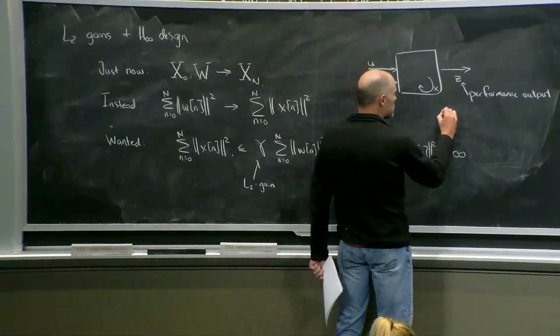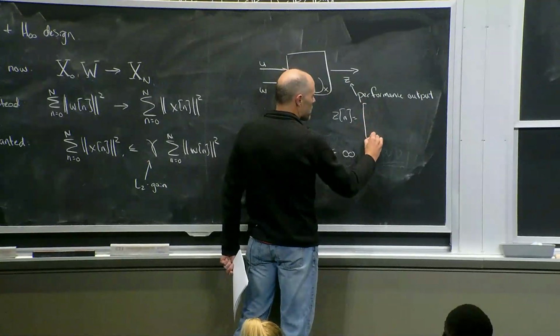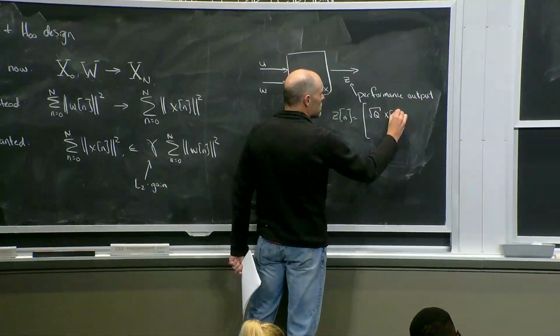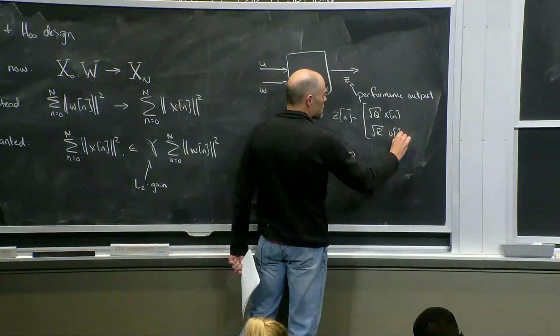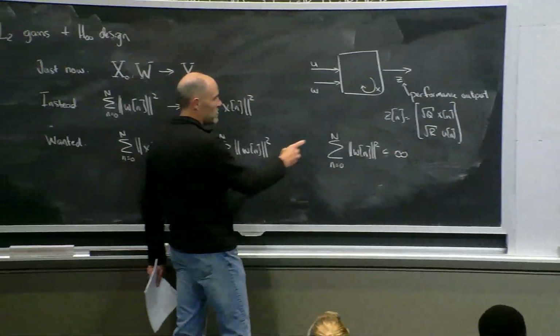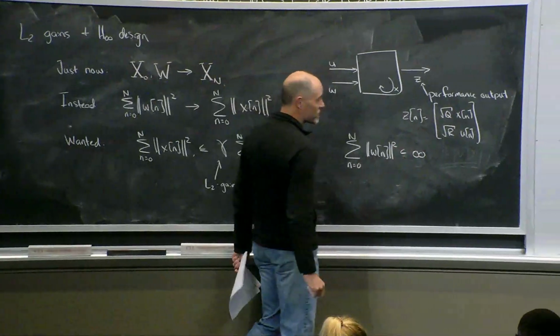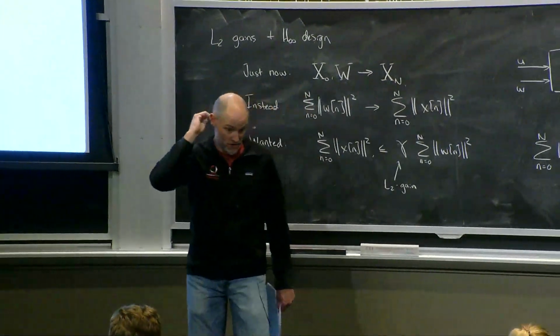And we'll see in a few minutes that if I choose this to be square root of Q times x_n, square root of R times u_n, then having an L2 gain for a performance objective that looks like this is going to give me extensions of LQR into the robust control setting.